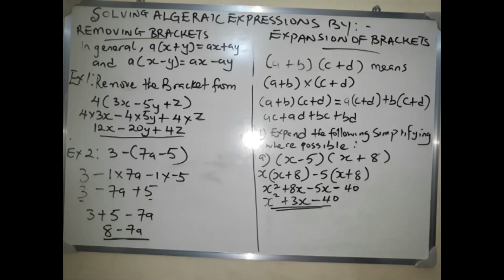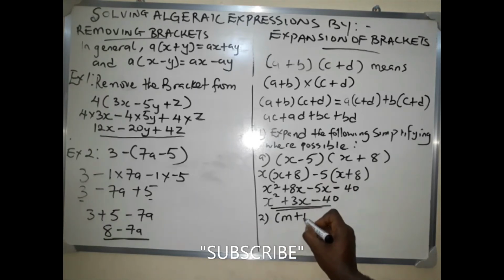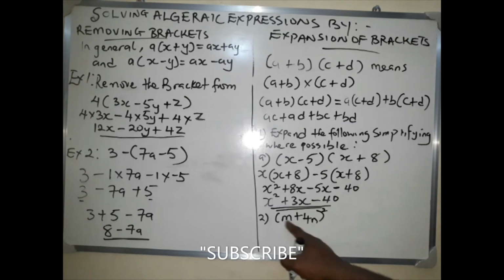Now let's look at another example here. We have something like this: m plus 4n raised to the power 2. M plus 4n in bracket raised to the power 2.